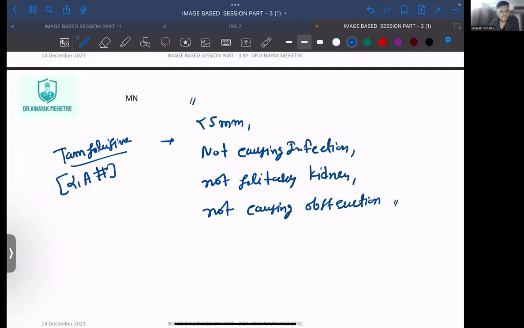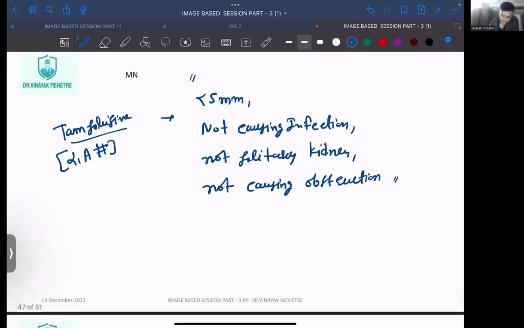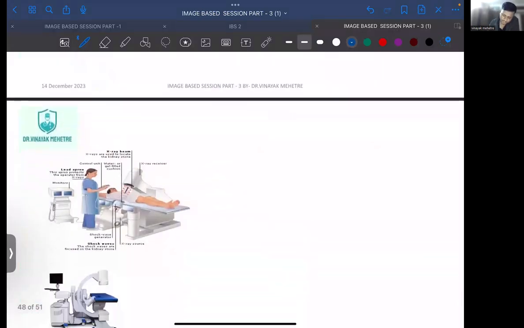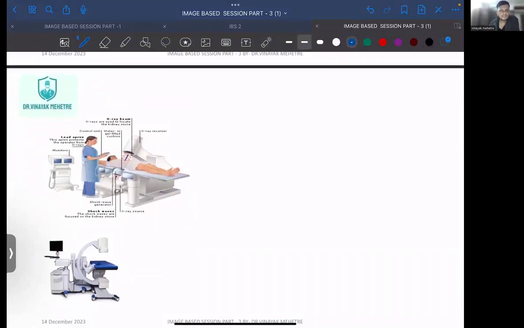Okay, beer से कुछ नहीं होता. That is called as spontaneous expulsion. Okay, done by using tamsulosin. But this patient do not come to the hospitals. Okay, but this question can come into your exam. Now comes ESWL.